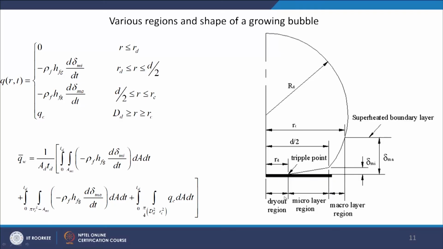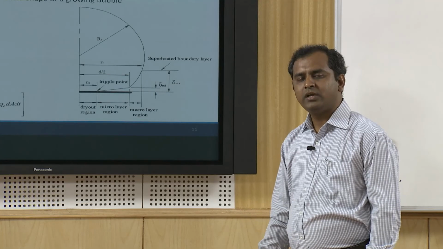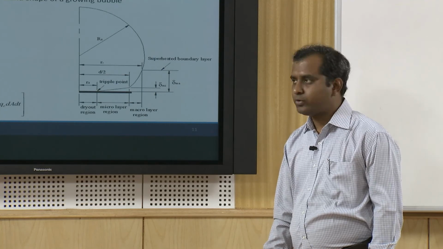If we consider all these three regions, along with the outer periphery of the bubble, then the heat flux will be 0 for the dry out region, because there is direct contact between the gas and the solid surface. In the micro layer and macro layer region we find minus rho f HFG into d delta by dt, and the micro layer thickness and macro layer thickness will come into the picture there, because the mass loss will be directly proportional to the thickness of the layer lost.